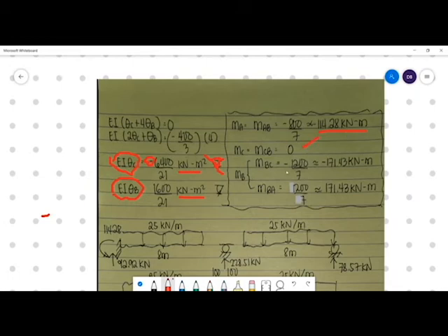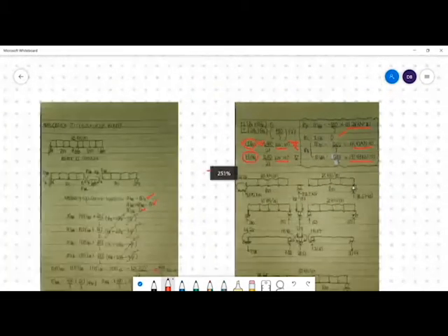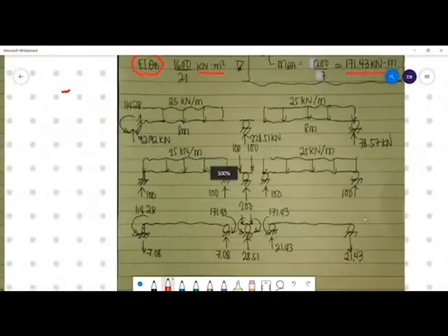MBC is equal to negative 1,200 over 7, which is equal to negative 171.43. MBA is equal to 1,200 over 7, or 171.43. So we now have our end moments, and we can now solve for the reactions.